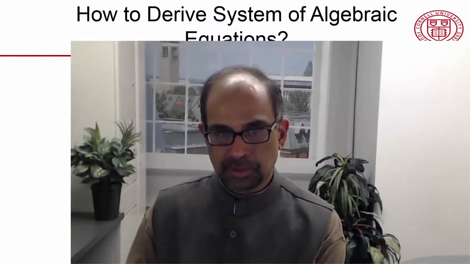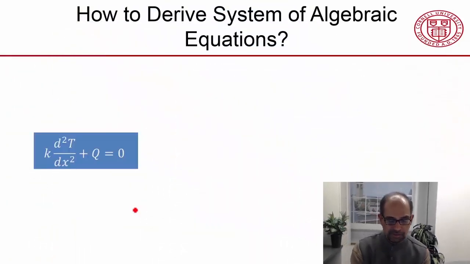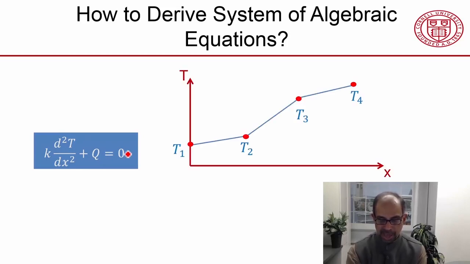Let's look at how to derive the system of algebraic equations starting from our boundary value problem. So we have our differential equation and we have boundary conditions, which I haven't shown here in the interest of brevity. And we have the shape for the temperature that we have assumed. So the first thing that occurs to me is that, okay, you know what?